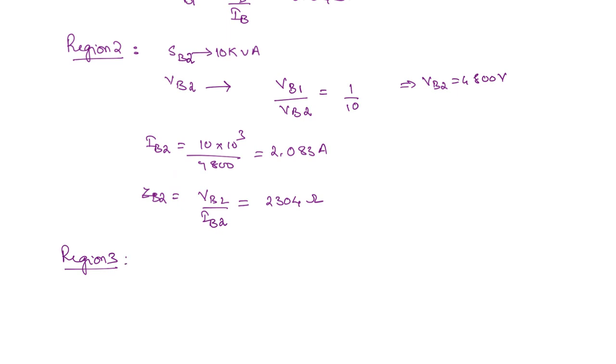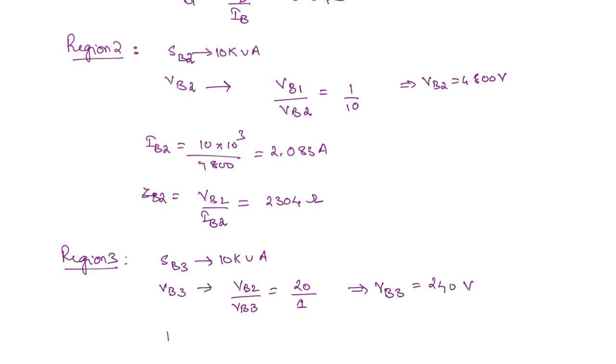Similarly, you can find out for region 3. So in region 3, SB3 will remain same, and VB3, this you can find from the voltage ratio. VB2 by VB3 is equal to 20 by 1. This is the given turns ratio. So here you are going to get VB3, this is equal to 240 volts.